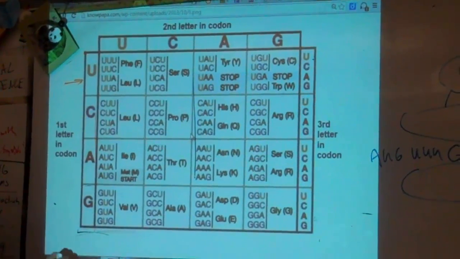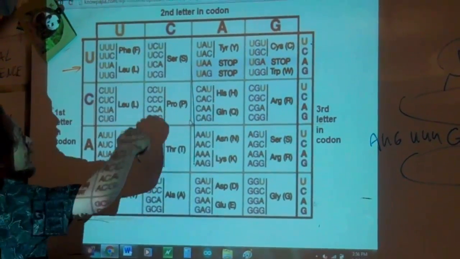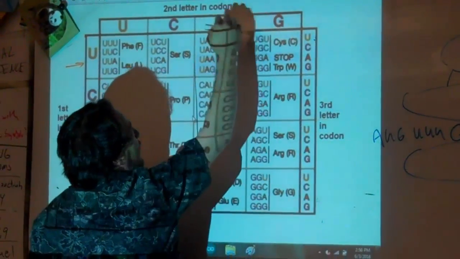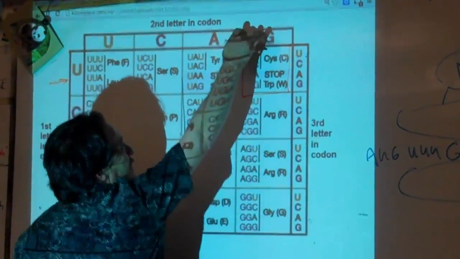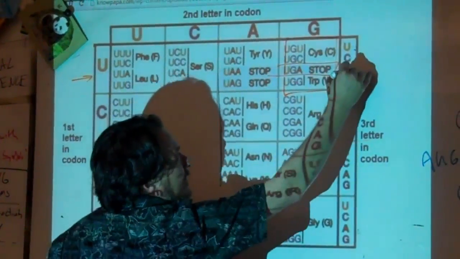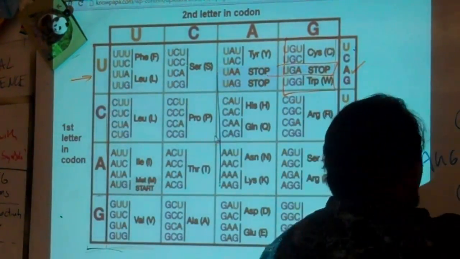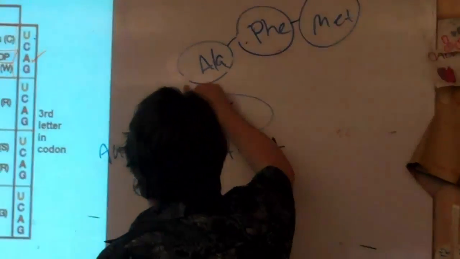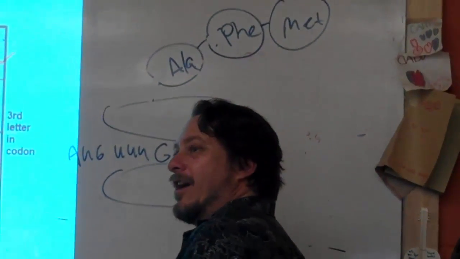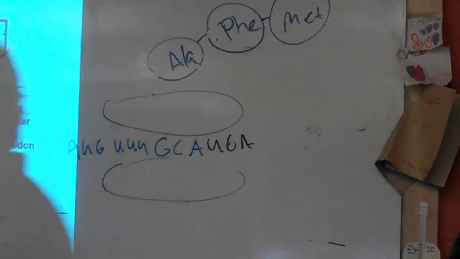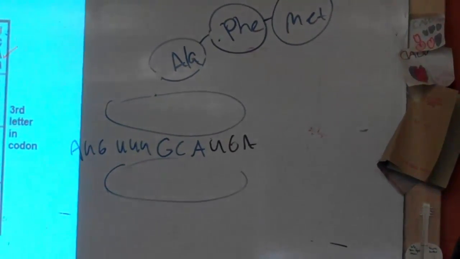So here's your first letter U. And second letter G means it's in this box here. And UGA right there means stop. And what that tells the ribosome is it's all good, we're done, cut the cord, send this protein on to the Golgi apparatus for fixing up for export.